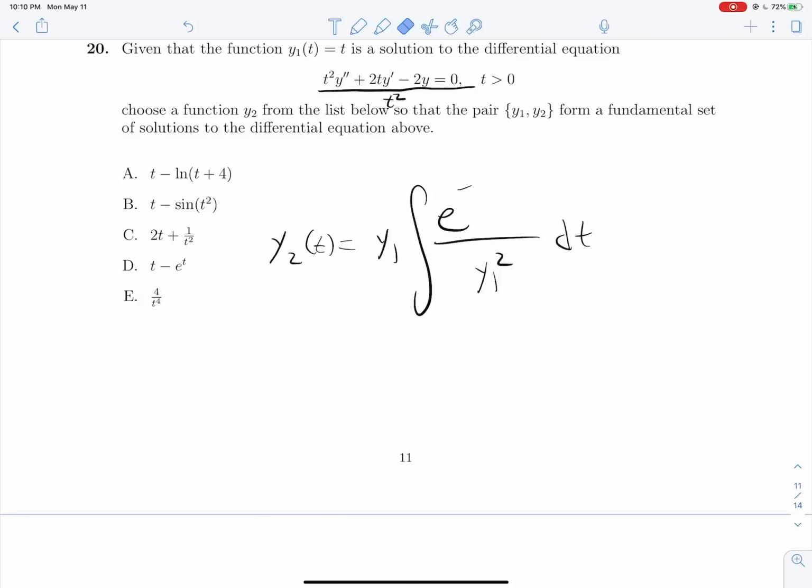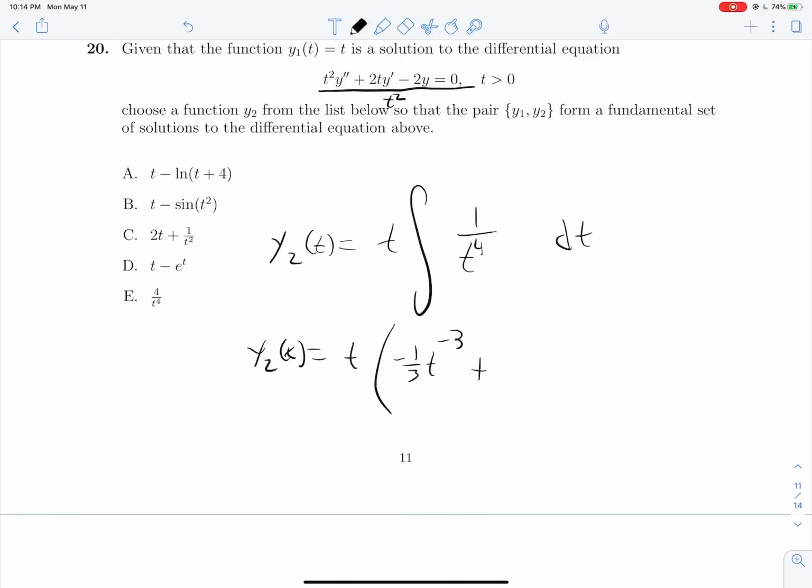This gives us negative 2 ln t up here, or just t to the negative second power. Now y1 we're told is t, so we'll get a t here and a t squared. So at this point we can solve things. This integrand will become 1 over t to the fourth, so we can say that y2 of t is equal to t multiplied by negative 1/3 t to the negative 3 plus c.